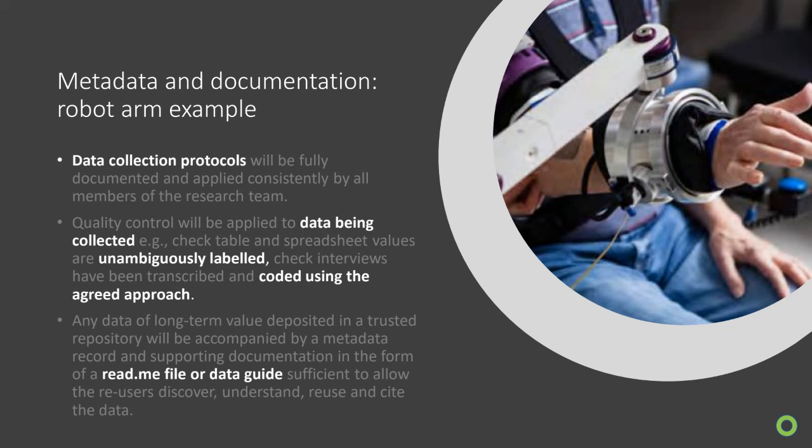And some of the things to highlight in terms of the metadata here: they recognise the importance of planning for the process of annotating the data as it's captured. Having a documented and consistent approach to data collection will help ensure the research team are all collecting data in the same way. It really isn't rocket science.